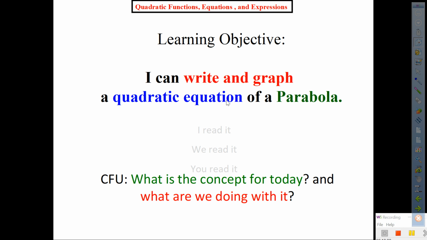I can write and graph a quadratic equation of a parabola. Today we don't need a Foldable model since we already started this session last week. We've been adding a couple of steps here and there, and it's kind of like snowballing till today. Today's going to be a good session. It's a little challenging because it's a multi-step section, but we got it.